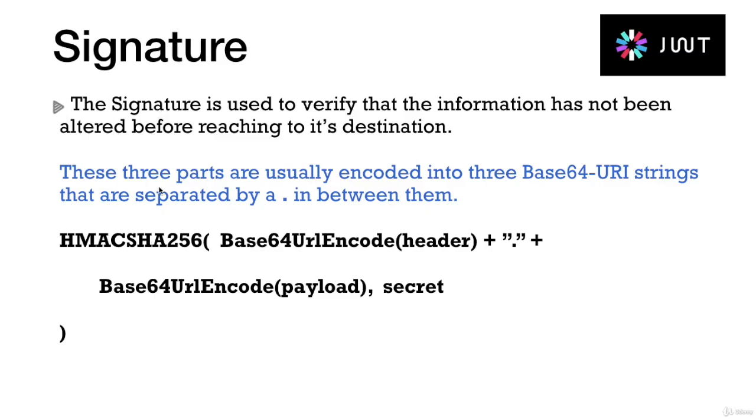Signature will be generated using the HMAC SHA-256 algorithm, where it will contain the base64 URL encoding of our header part plus a dot, the base64 encoding of our payload, and a secret. This secret will be generated by our server. This will be a 256-bit secret, and by combining all three parts separated with a dot, we will get the information that we want to exchange.